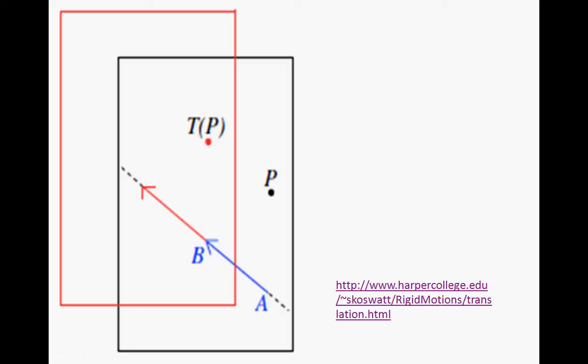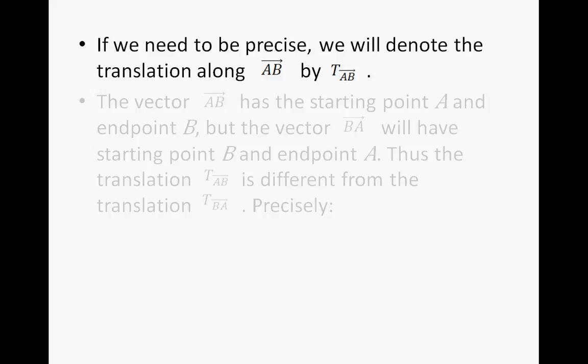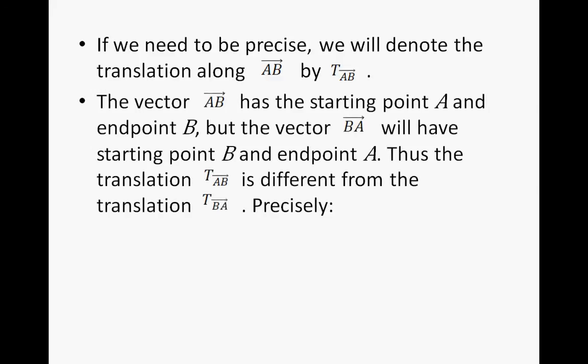So if we need to be precise, we will denote the translation along vector AB by T of vector AB. Remember, T is a translation. There is some subtlety in this notation. The vector AB has a starting point of A and an endpoint of B, but the vector BA will have a starting point of B and an endpoint of A. Thus, the translation T of vector AB is different from the translation T of vector BA.